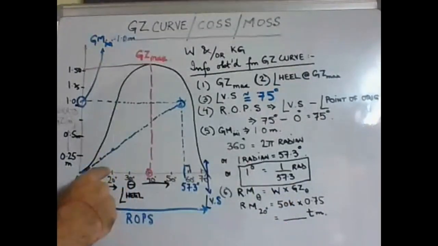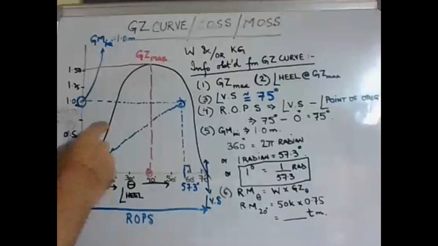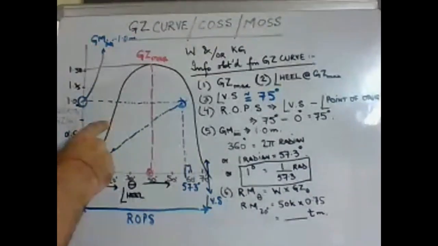So at 20 degrees, I erect a perpendicular. Wherever it cuts the GZ curve, I go left.